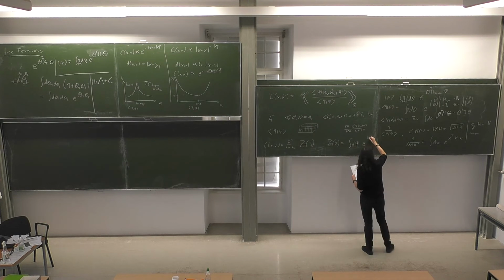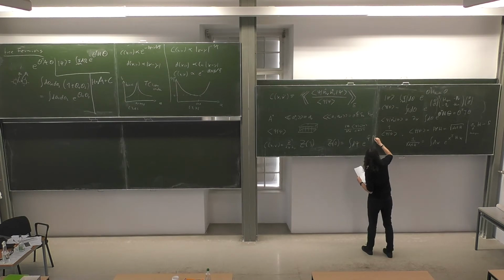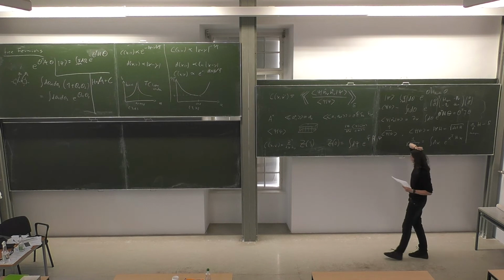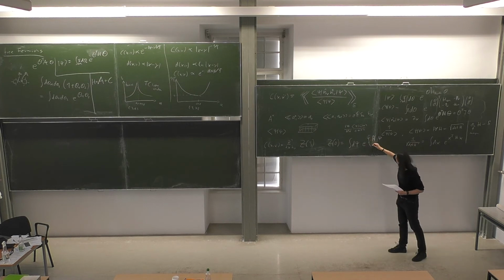So we have essentially a supersymmetric free action. So this here contains fermionic and bosonic degrees of freedom.